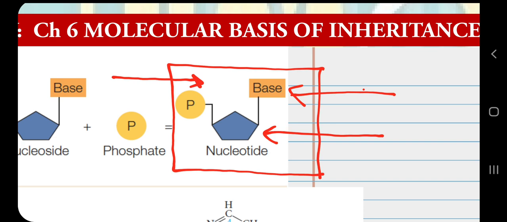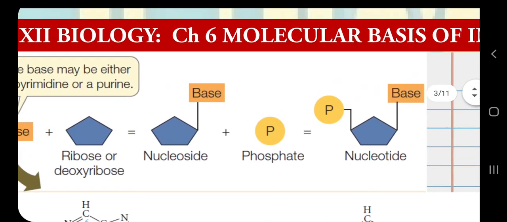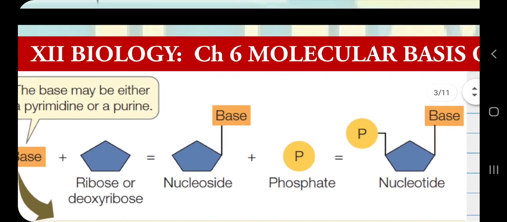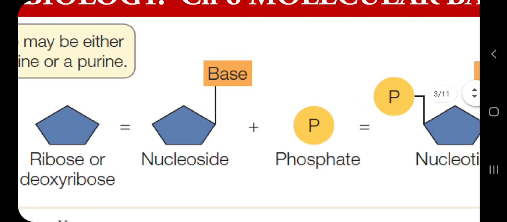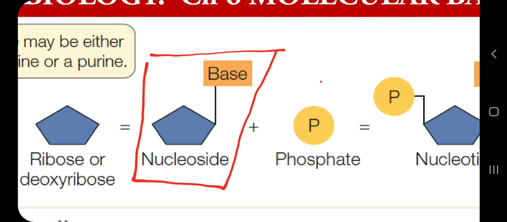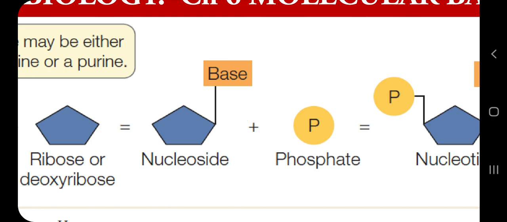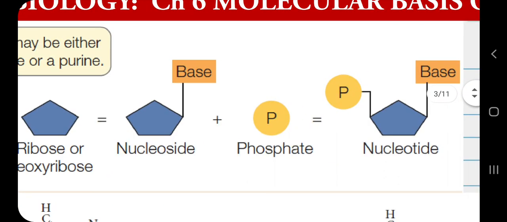But yes, one more thing: if you add only this pentose sugar and nitrogenous base but not the phosphate to it, it will be called a nucleoside. So there is a difference between nucleotide and nucleoside.